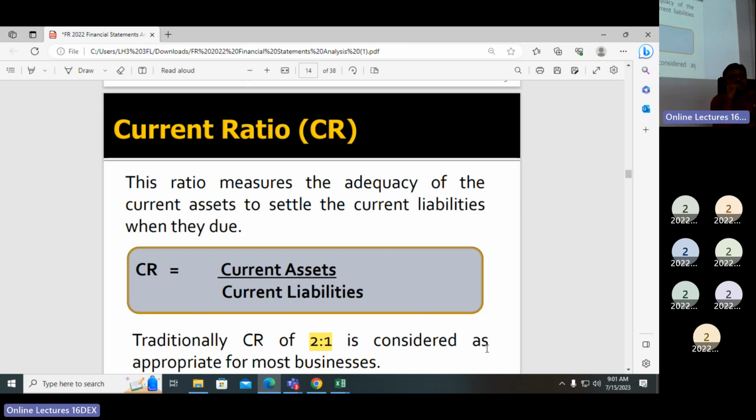Generally 2, okay. But businesses like supermarkets, buying and selling businesses, convert their current assets to cash much faster than a normal manufacturing business. So in the retail industry the current ratio is sometimes around 1. 1 may be the norm. So the current ratio is traditionally 2, but the ideal norm is the industry average.